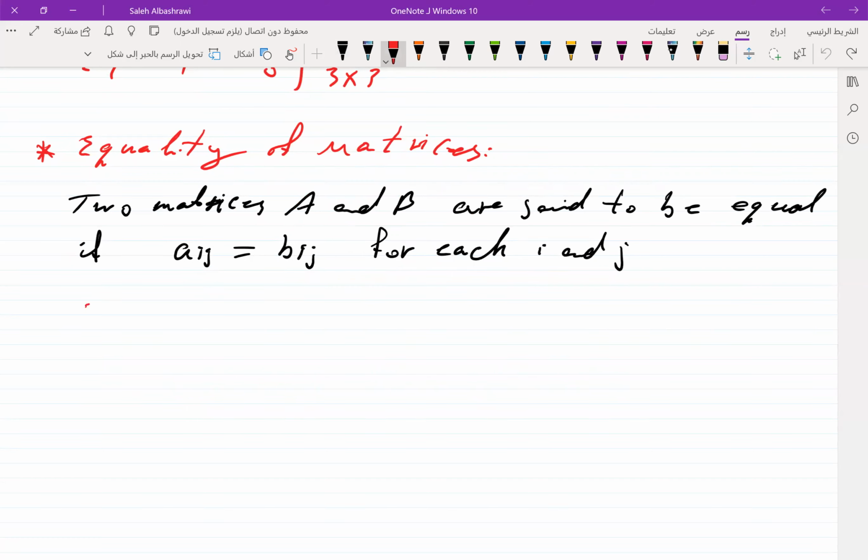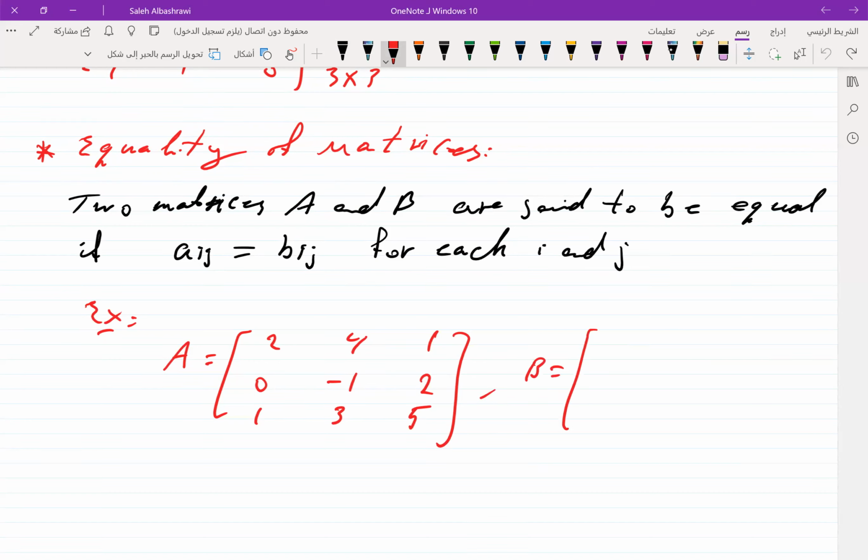For example, let A equal 2, 4, 1, 0, minus 1, 2, 1, 3, and 5, and B equal 2, 4, 1, 0, minus 1, 2, 1, 3, minus 1.